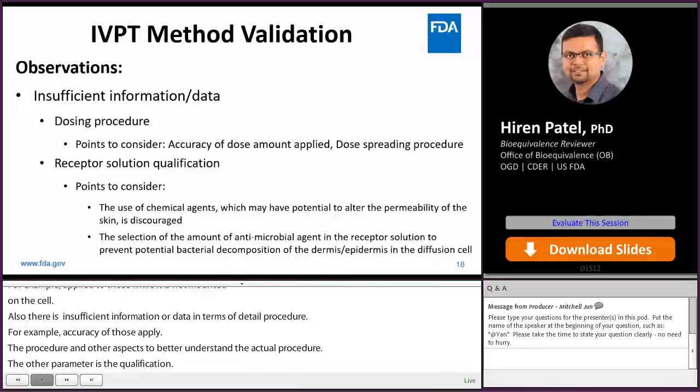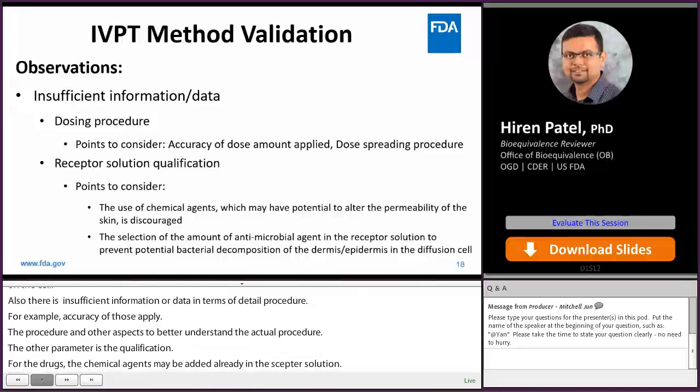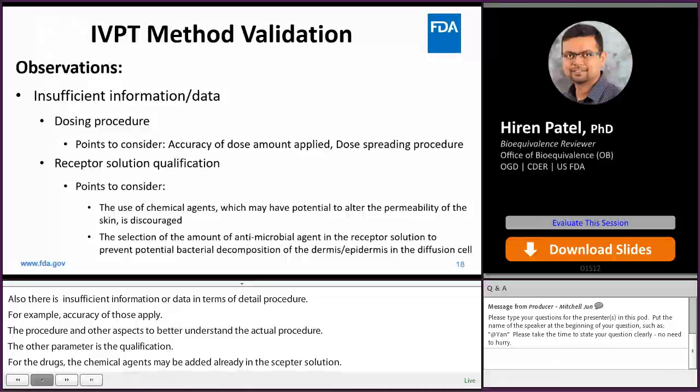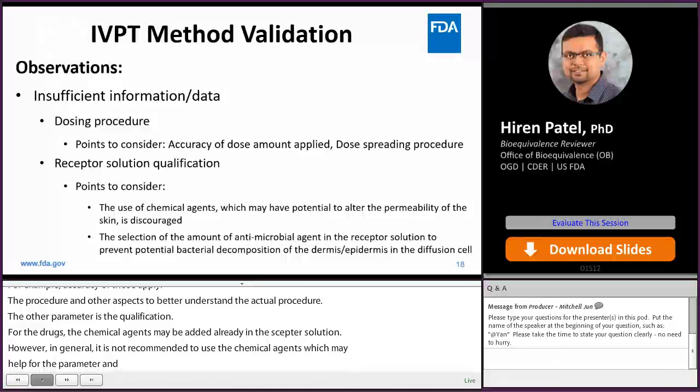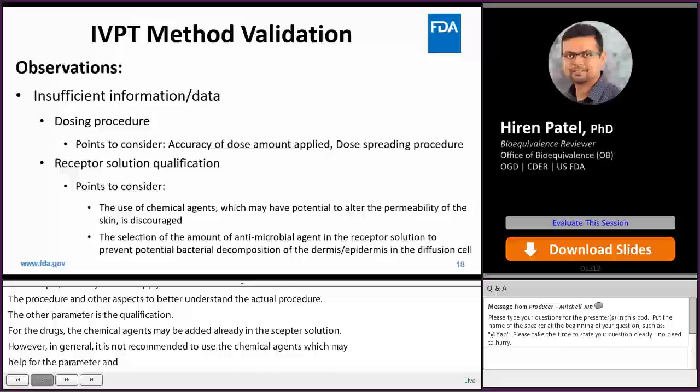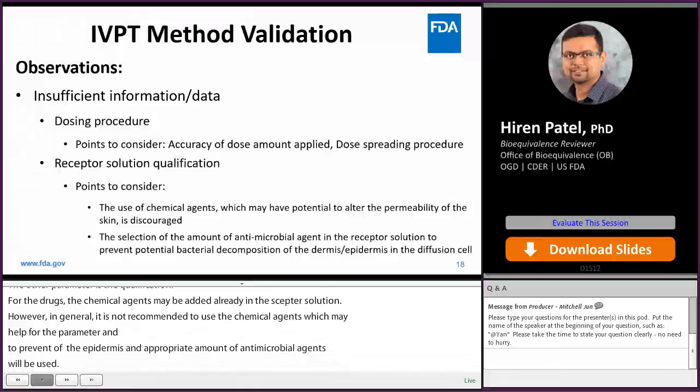In addition, to prevent potential bacterial decomposition of the dermis or epidermis in the diffusion cell, an appropriate amount of antimicrobial agent should be used. It was noted that the amount of antimicrobial agents used in the studies is 5 to 10-fold lower than the recommended amount, without providing any supportive data.